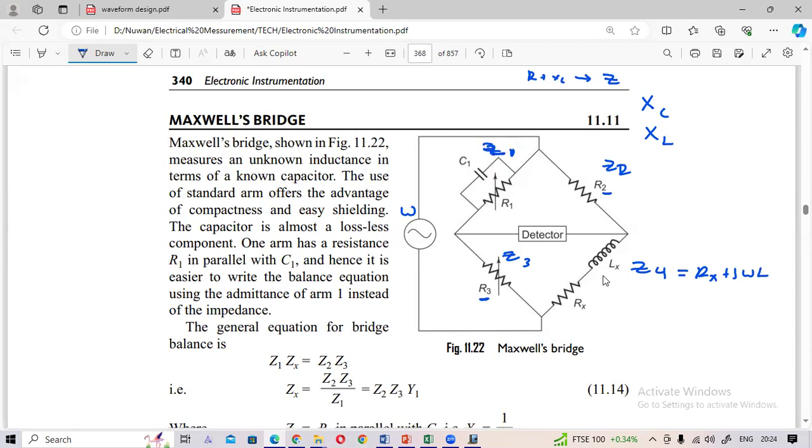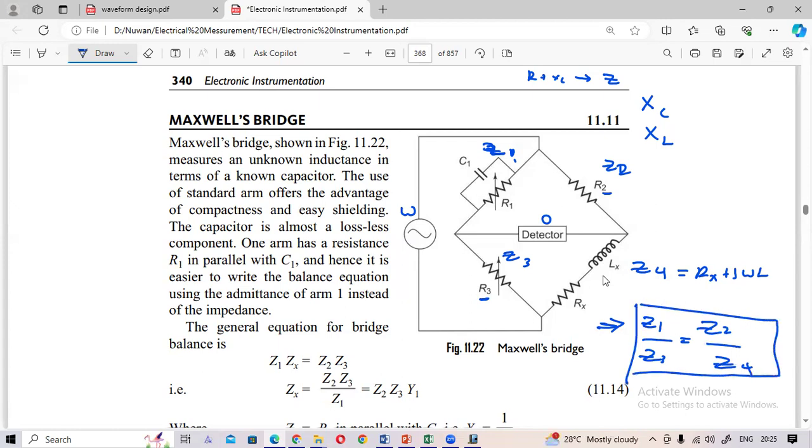At the balance condition, the same relation holds: Z1 divided by Z3 is equal to Z2 divided by Z4. So this is the balance condition.